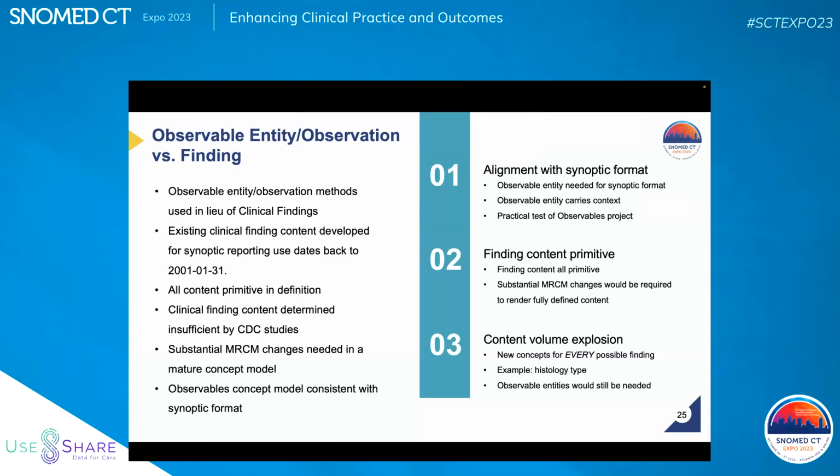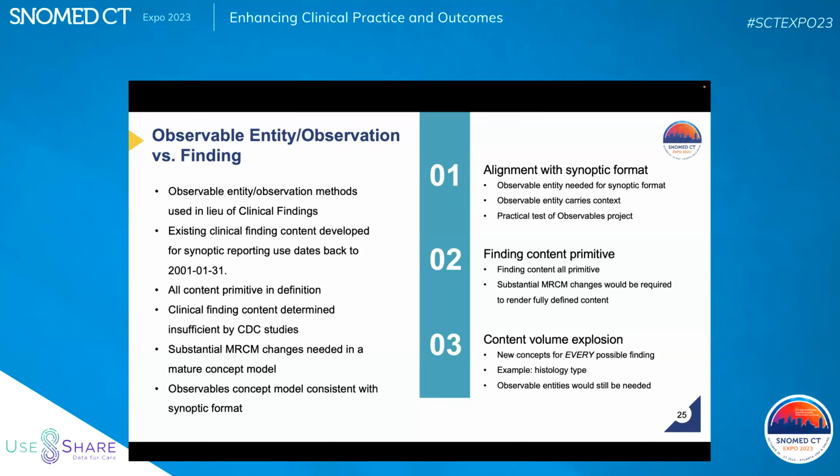All of it is primitive, but it'll say perineural invasion absent, perineural invasion present, things like that. We chose not to go that route. There was an argument, Jim Case and Jim Campbell and I would banter back and forth, but we chose to go with the observable entity observation approach.